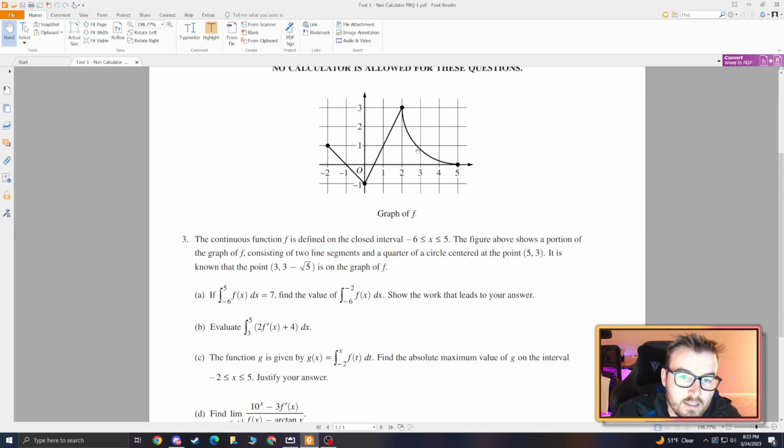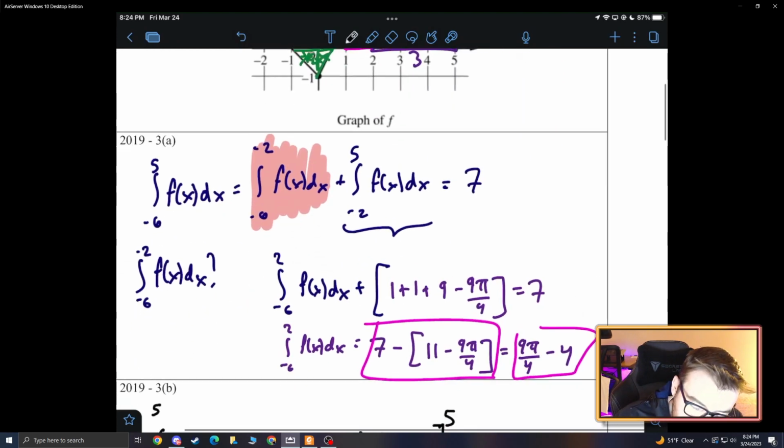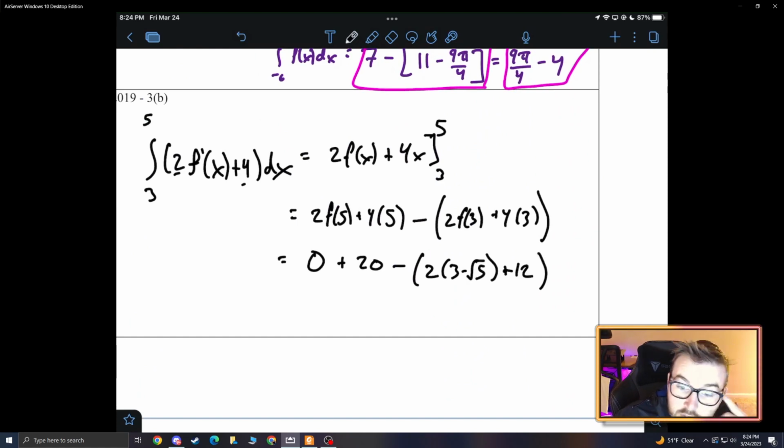This coordinate right here is 3, 3 minus root 5. So f of 3 is 3 minus root 5. Plus 4 times 3 is 12. And you're done.